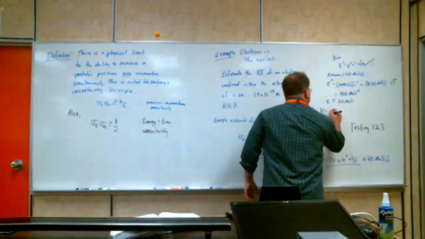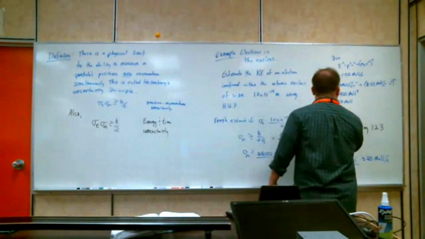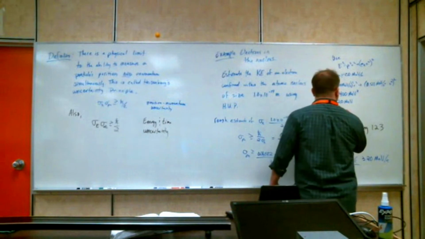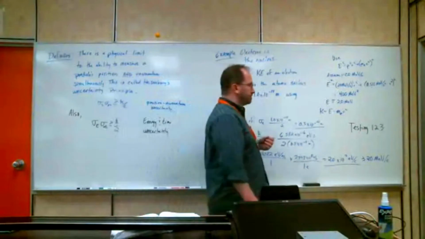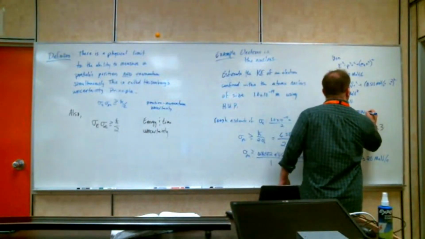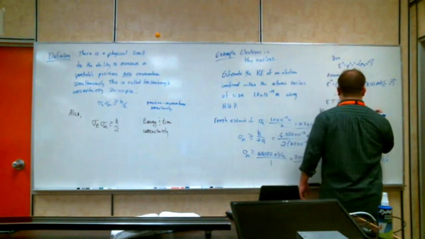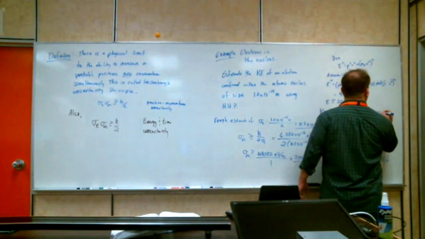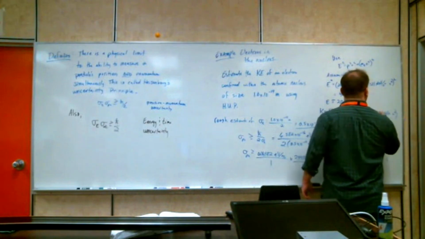K is equal to E minus 20 MeV minus 0.511 MeV C squared, C squared.